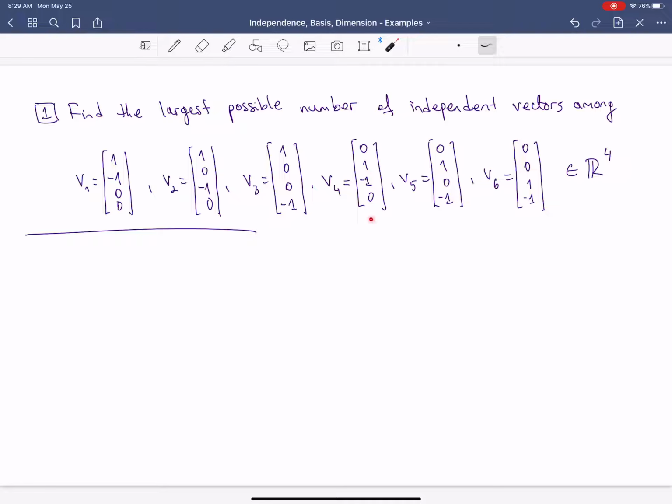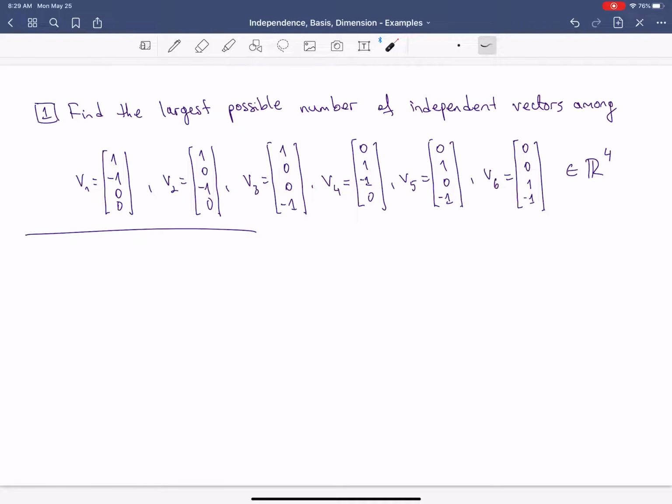Now what about the fourth vector? Could I express V4 as a combination of V1 and V2? I'm not going to use V3 because V3 has a non-zero entry here, whereas V1 and V2 have zeros, but also V4 has a 0. So the question is, is it true that V1 and V2 span V4?